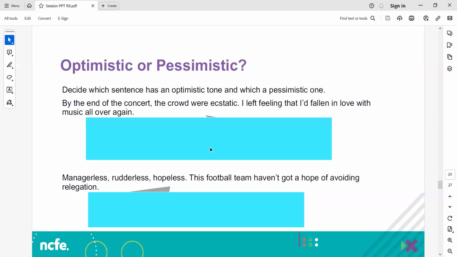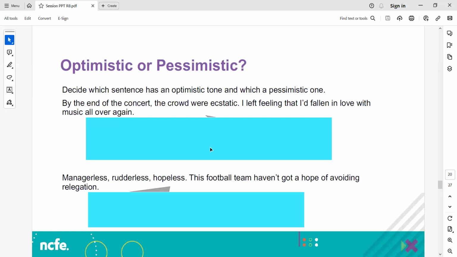Okay. So we're going to look here at some sentences and decide which one is optimistic, which one is pessimistic. Optimistic means looking on the bright side, being positive, and pessimistic is being negative about something.